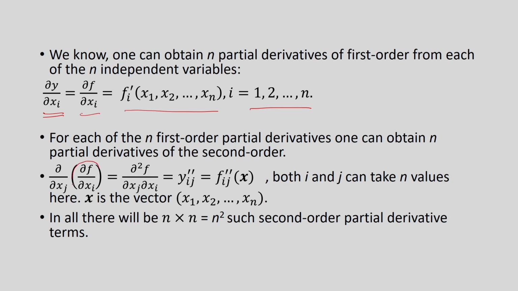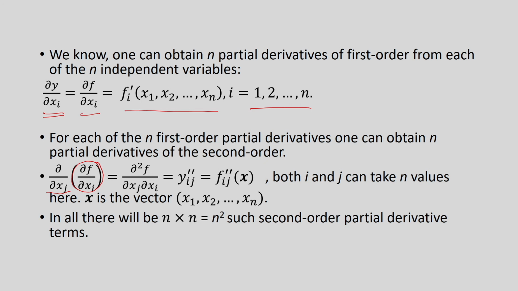So, you are starting from this ∂f/∂xᵢ, right. So, you have differentiated partially this function with respect to xᵢ, and this thing ∂f/∂xᵢ could be differentiated with respect to each of the independent variables, and let us assume that xⱼ is that arbitrary independent variable.